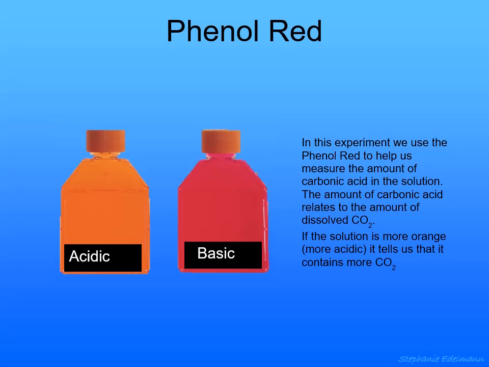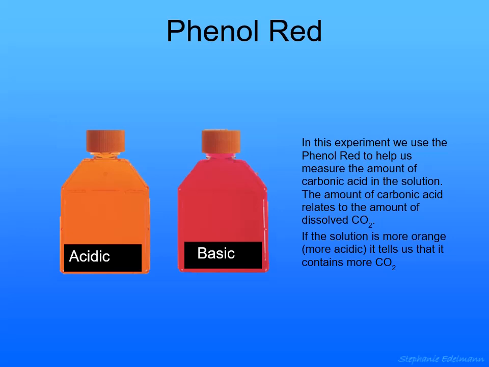Phenol red changes color based on the pH of the solution. Acidic solutions have numbers from pH of 1, which is like your stomach acid, all the way to 6, and then 7 is neutral, and then 8 through 14 is what we call basic.